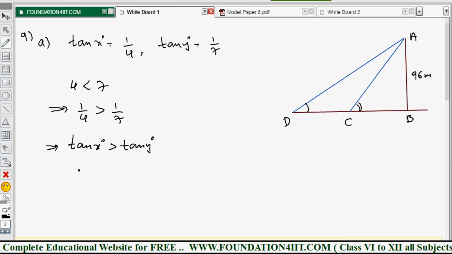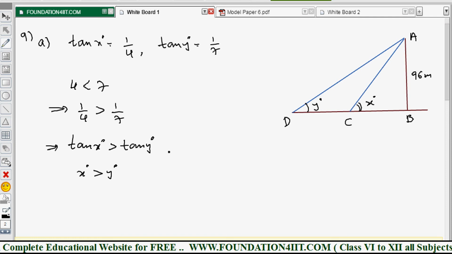If tan x is greater than tan y, then angle x is greater than angle y. That means x should be here and y is next. Now we should find the distance between C and D. Angle ACB is x and angle ADB is y degrees. Let AB be the height of the church, 96 meters, and the distance between the two vehicles is CD. That only we should find out.